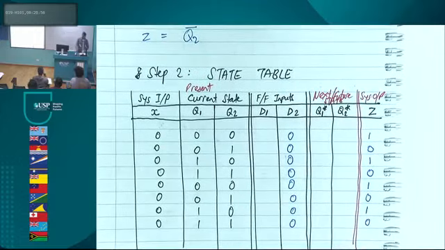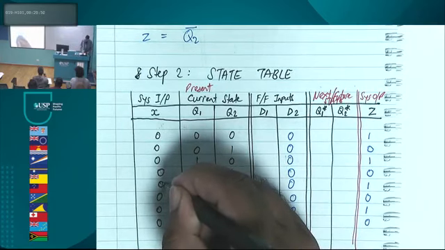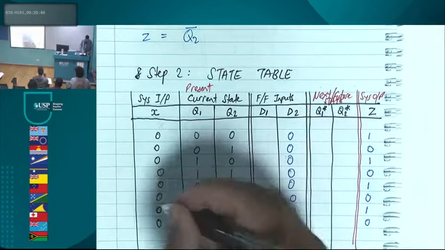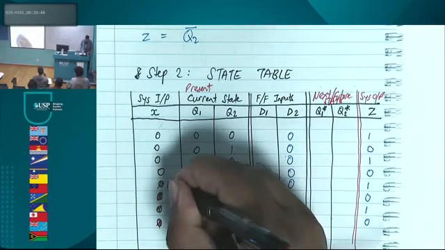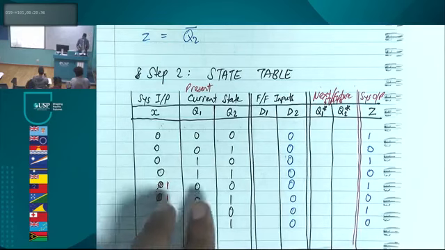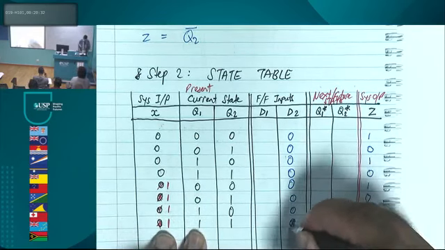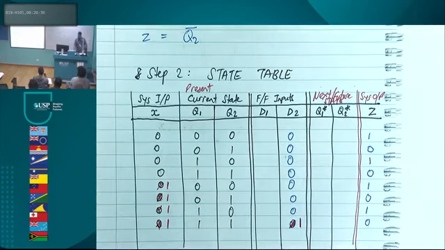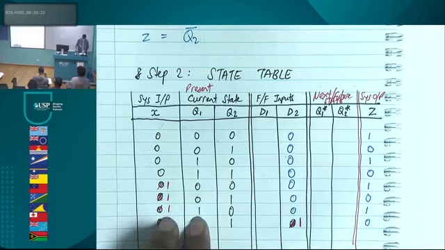Oh, sorry, I made a mistake over here. That's a big mistake. The last 4 rows are all wrong. That's what I was wondering, how can all this be? There we go. So obviously this one as well.